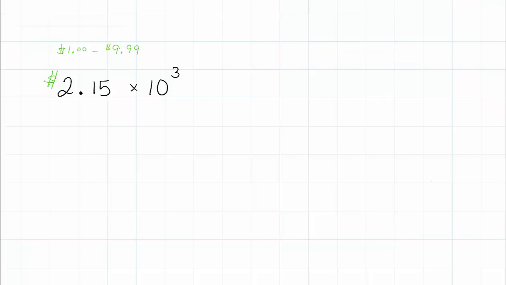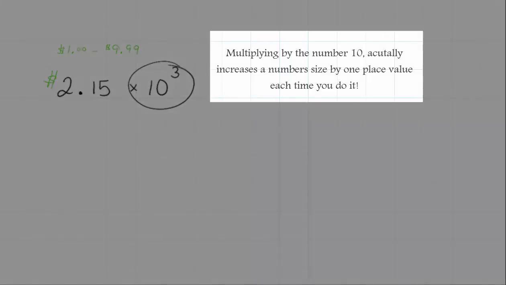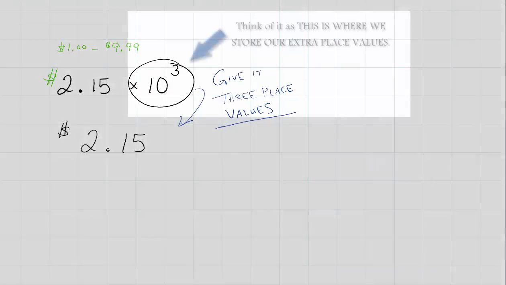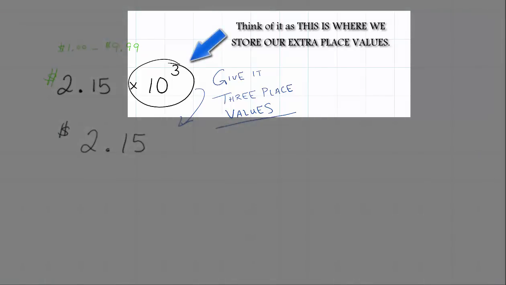Well, what dollar amount is this truly? Well, what we're going to do is understand that 10 to the third power is saying that we have 3 extra place values to give to our $2.15. So if I write down $2.15 and give it 3 place values, that's going to make the number way bigger than $2.15.